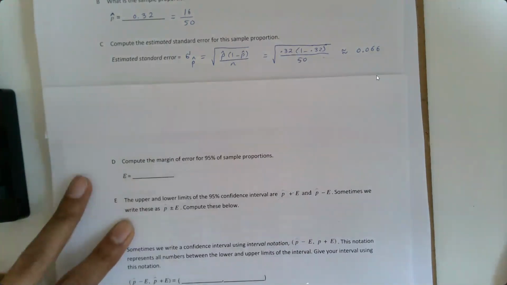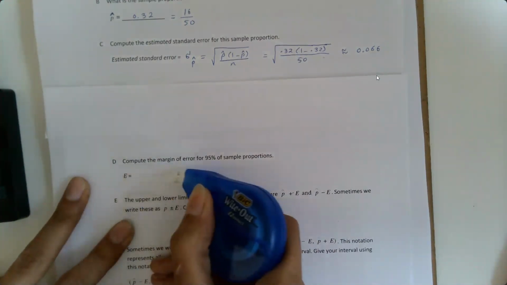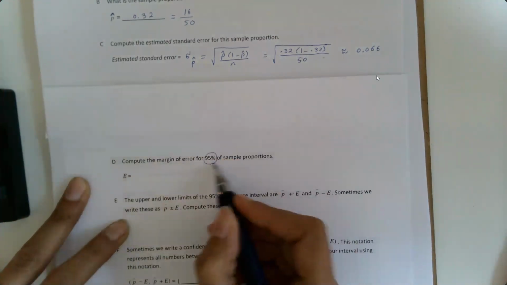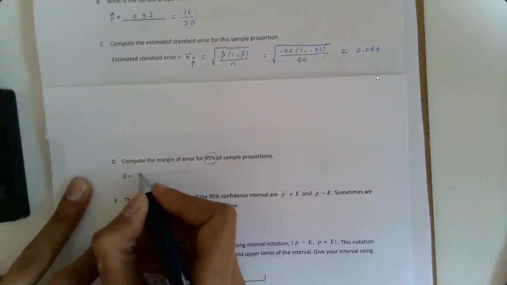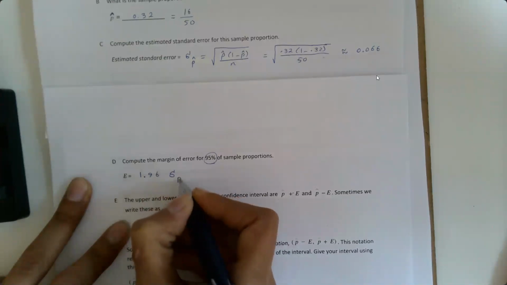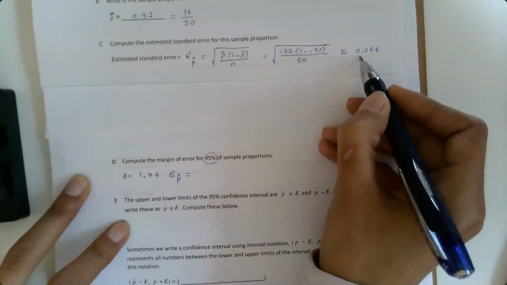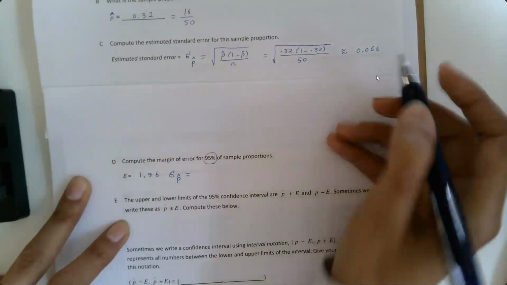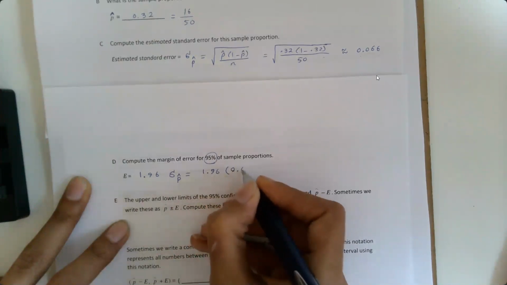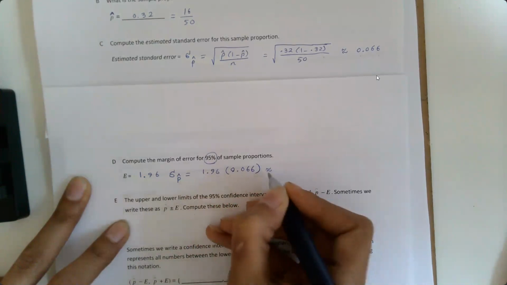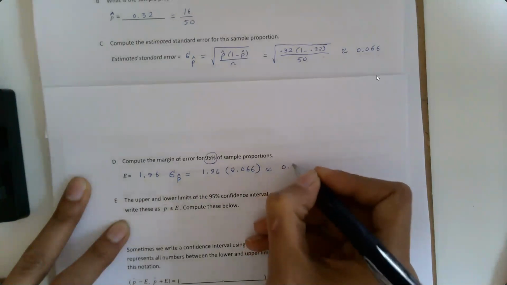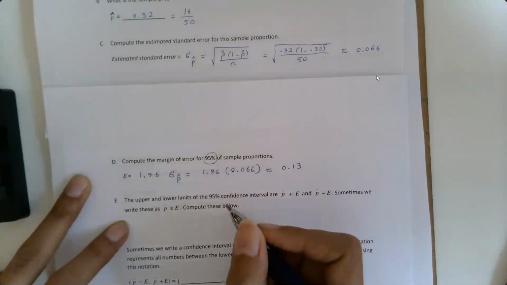Since it is a 95% confidence interval, the margin of error is 1.96 times the standard error. We calculated the standard error as 0.066, so it's 1.96 times 0.066, which is approximately 0.13.